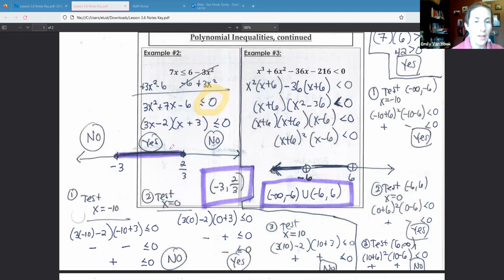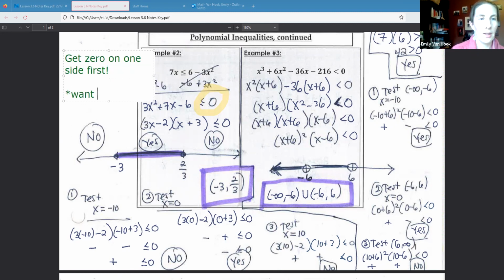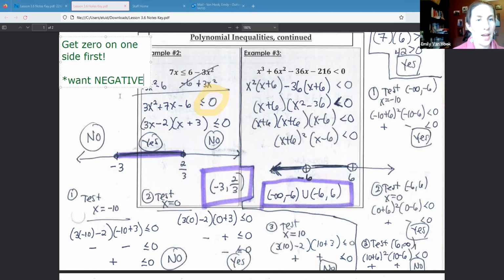So it happened to be that just that middle interval was true, not either one on the right or left. Those are the ones that would make the inequality positive rather than negative. So main idea for example 2 is you had to get 0 on one side first. I'm just going to make some notes here. Get 0 on one side first. That's kind of the main idea for that one. And then I guess also notice that we wanted negative answers. So we want the final inequality to be negative because of the less than or equal to 0. Okay, so I'll just leave that note off to the side here.